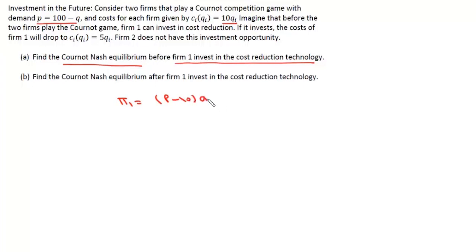(P minus 10) into Q1, and this P is 100 minus Q1 minus Q2. So there will be (90 minus Q1 minus Q2) into Q1. So this pi 1 will be 90 Q1 minus Q1 square minus Q1 Q2.